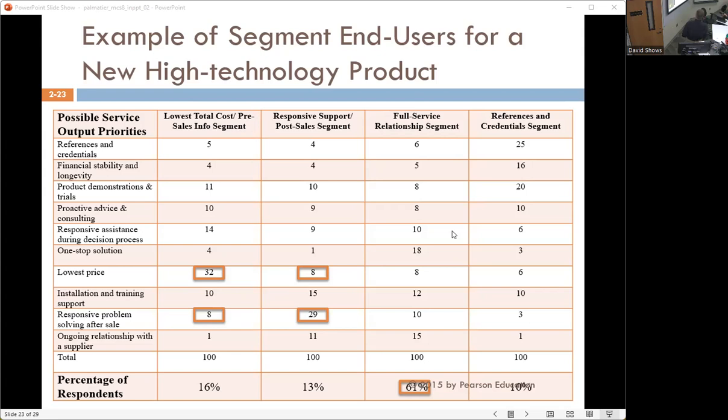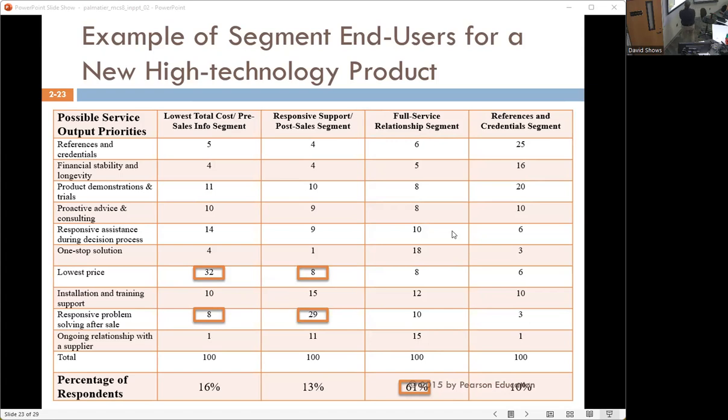They take care of all their stuff. They want to invest time before the sale, understanding it, but after that, they're okay. So there's 16% of the market, which is important. It's a valuable segment. And the fact that they want a lot of falderall at the beginning, do I really want to deal with that? Maybe, maybe not. I'll have to see.